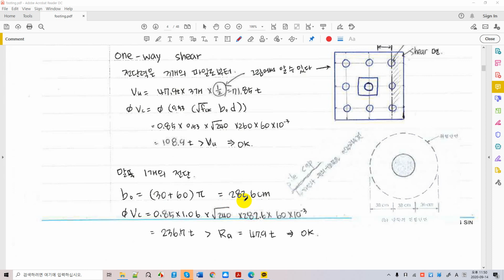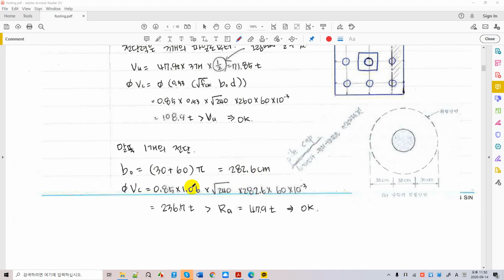Okay, and this is 282.6, and that's going to be plugged in right here to calculate two-way shear capacity. This is the design shear capacity with the three factors, to resist the punching shear provided by one pile, and this is a simpler calculation than the entire punching calculations, right?